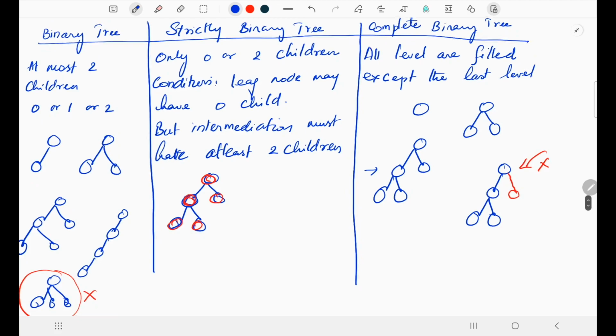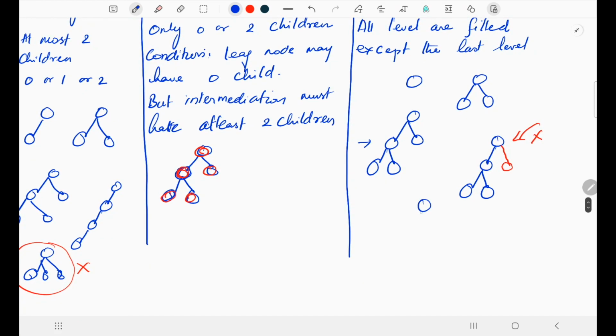So if I draw a little bigger, like this. Okay, moreover, the last level we have to fill from left to right. You should not have like this. For example, this one is skipping this one, you should not have like this.